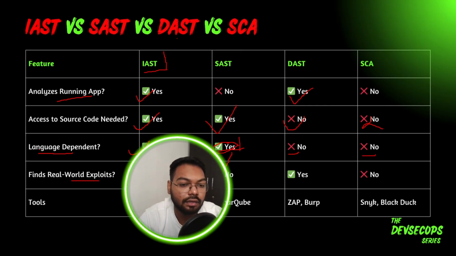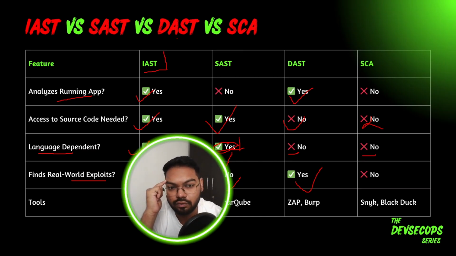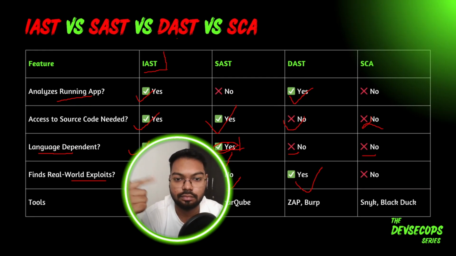Then, does it find real world exploits? IAST would certainly give you that. SAST would not give you outright, but it would show only weaknesses in the code. DAST would give you real world exploits, but DAST does not have visibility into the source code. IAST does have this. So what DAST would do is simulate an attack like a real attacker who does not have any visibility into your application.